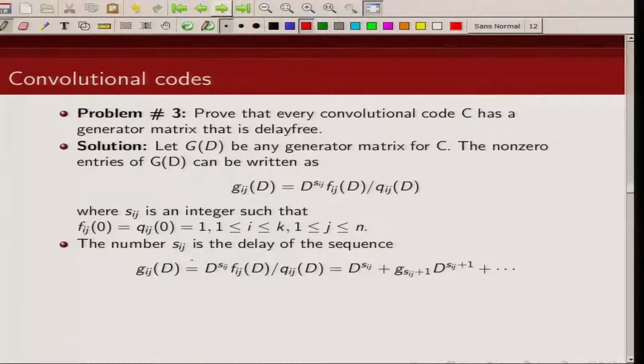Now, what is this term s_ij? It is essentially a delay term.